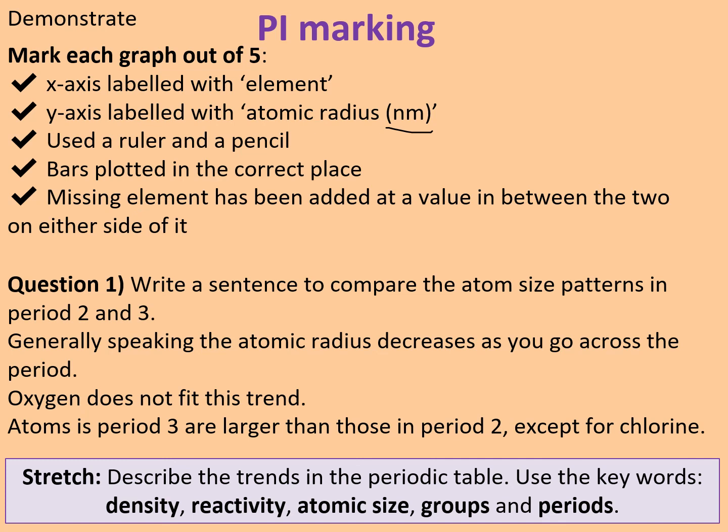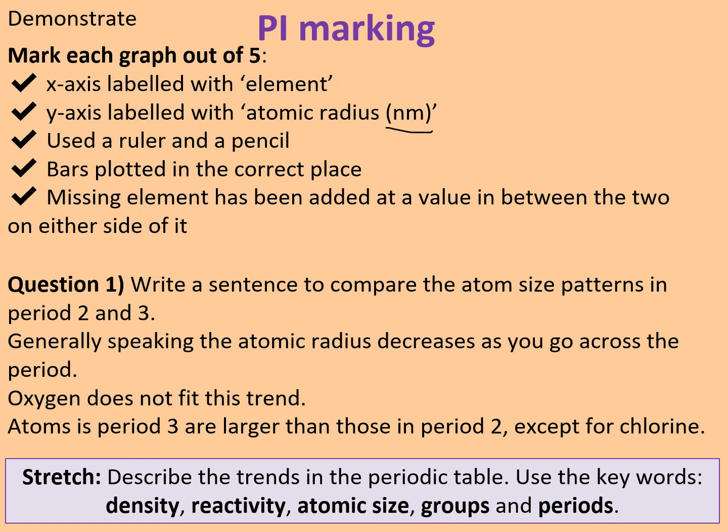For your question, so write a sentence to compare the atom size patterns in period 2 and 3. Generally speaking, the atomic radius decreases as you go across the period. However, oxygen does not fit this trend. Atoms in period 3 are larger than those in period 2, except for chlorine. Okay, so it doesn't require any explanation.